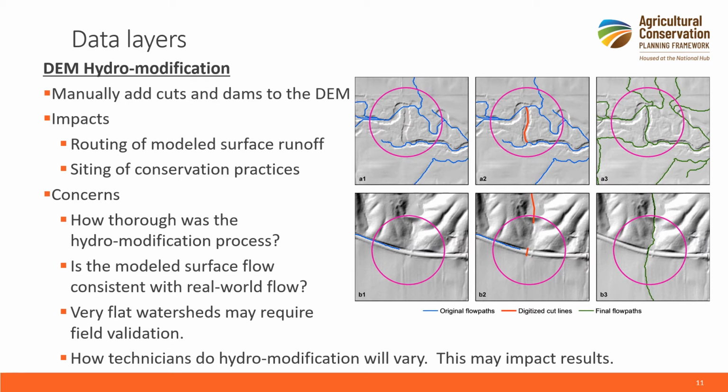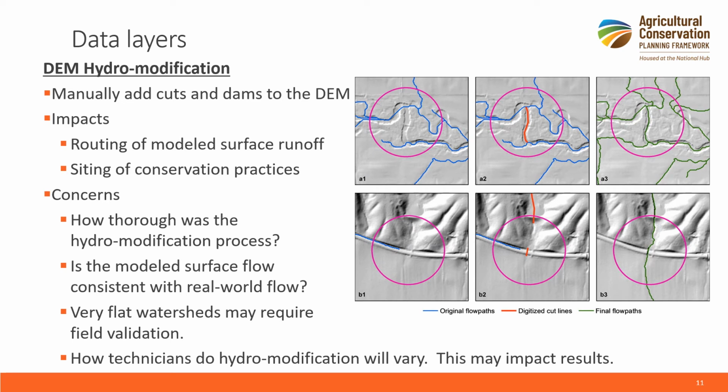This is an important step because the DEM serves as the base which the watershed delineation tools and all of the subsequent practice siting tools will be using. This process can impact how surface runoff flows across the landscape, where specific practices may be sited in the watershed, or even the overall nutrient load reduction strategy for the watershed.